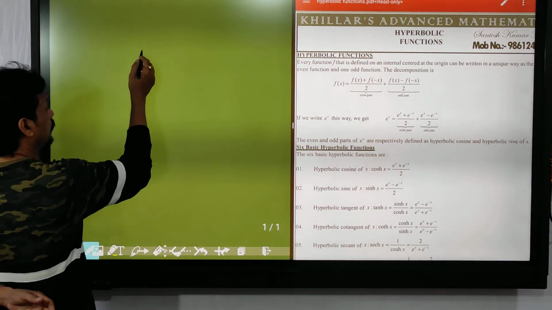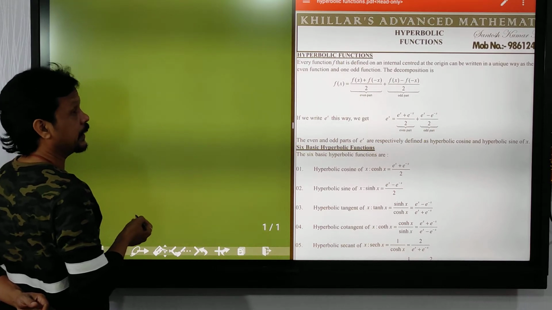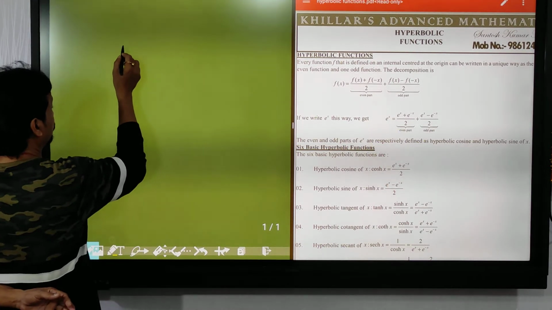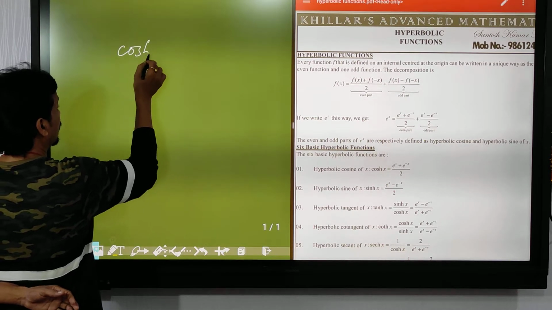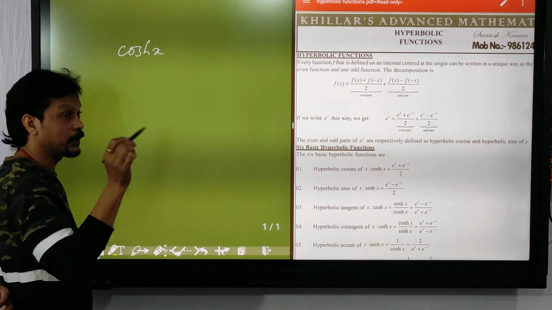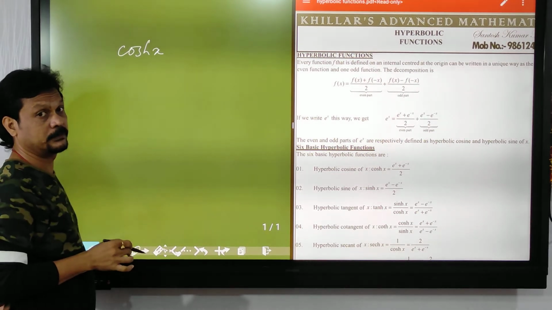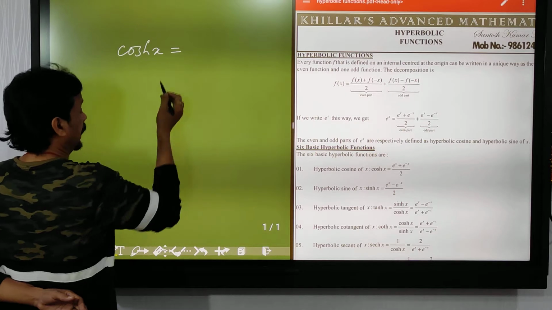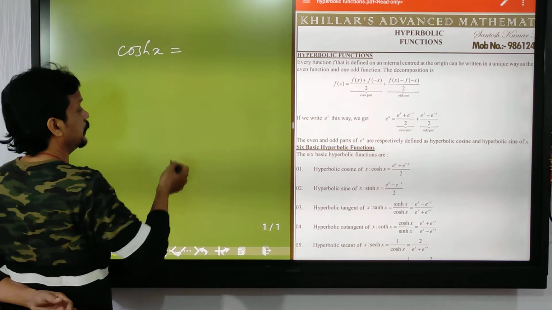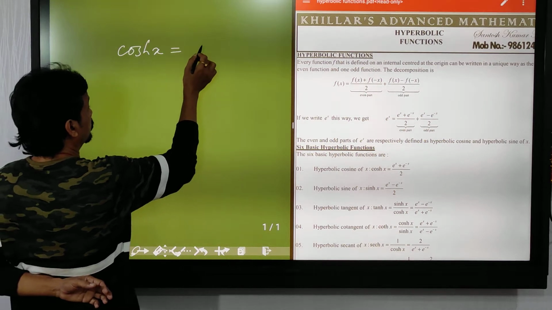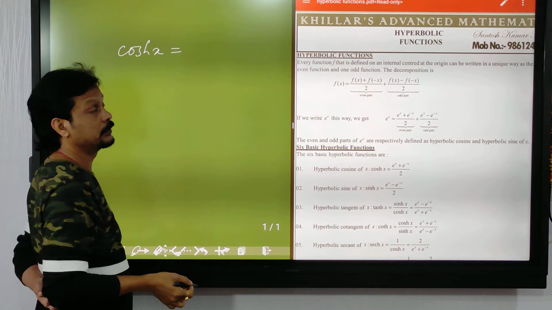Okay, see here, hyperbolic cosine of x, it will be cosh x. You should read it like that, hyperbolic cosine of x. Clear? This function is called not cos hyperbolic, but hyperbolic cosine.